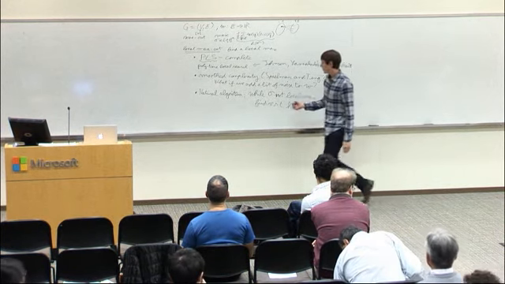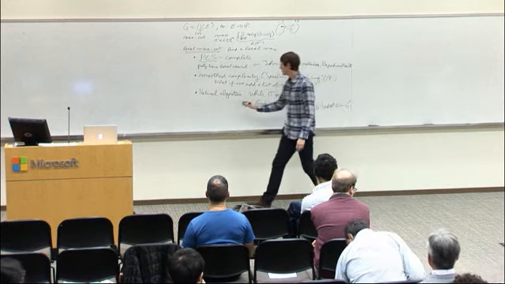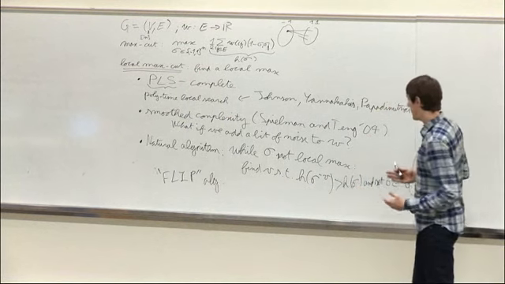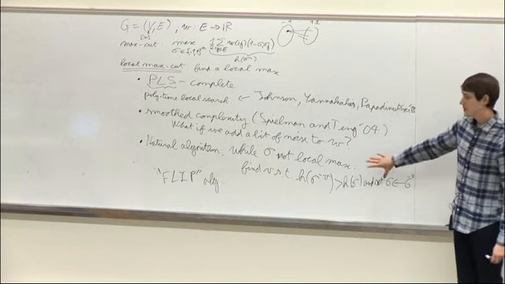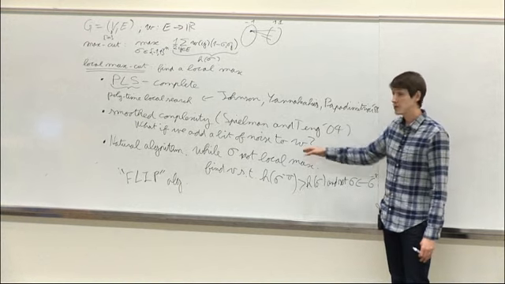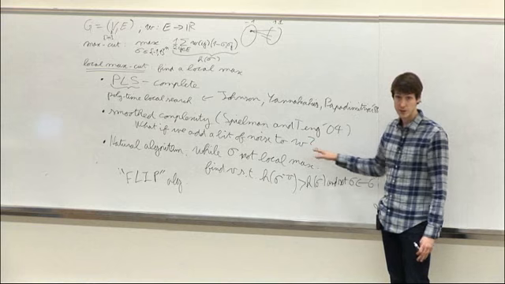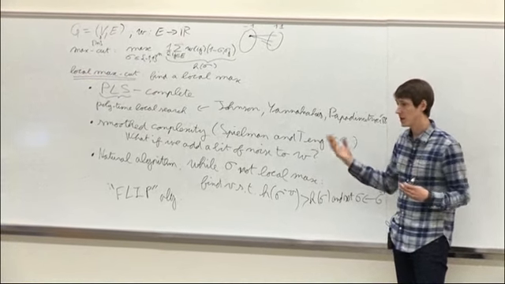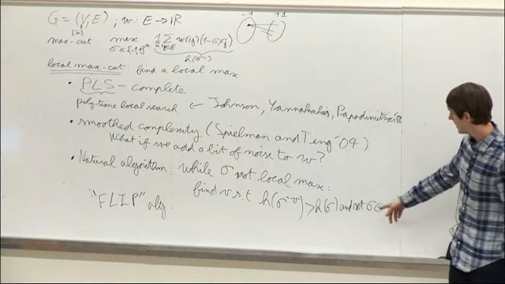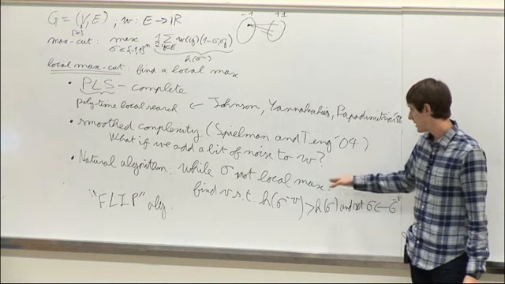Sometimes this is called the flip algorithm. And just to be clear, it's a family of algorithms. There are two things that you need to specify to actually run this on your computer. The first thing is what the starting point is. This is not specified. You can think maybe I'm taking a uniformly random point, that's one possibility, but there could be other possibilities. So the starting point has to be specified.